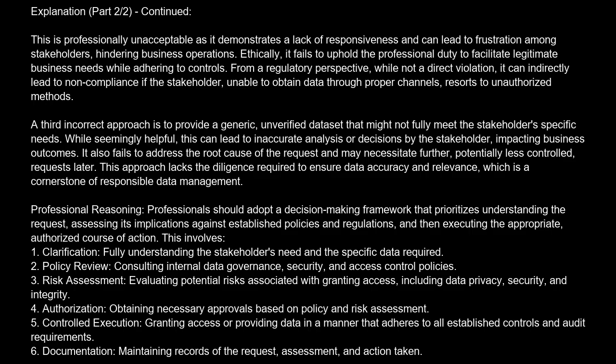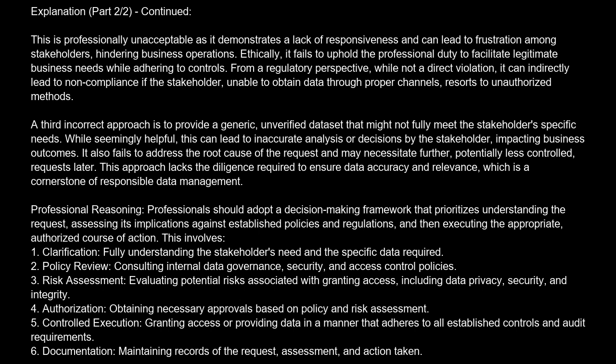Professional reasoning. Professionals should adopt a decision-making framework that prioritizes understanding the request, assessing its implications against established policies and regulations, and then executing the appropriate authorized course of action. This involves: 1. Clarification, fully understanding the stakeholder's need and the specific data required. 2. Policy review, consulting internal data governance, security, and access control policies. 3.